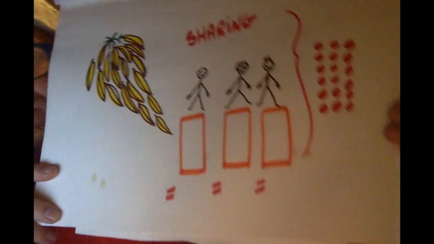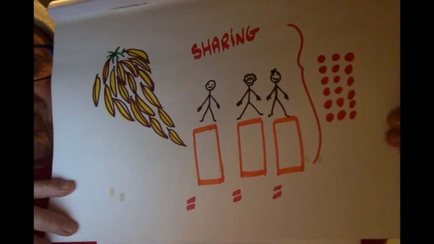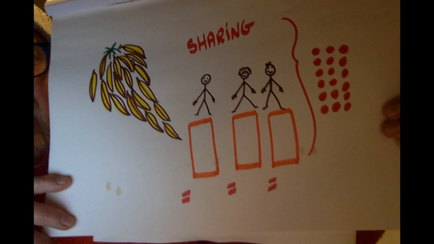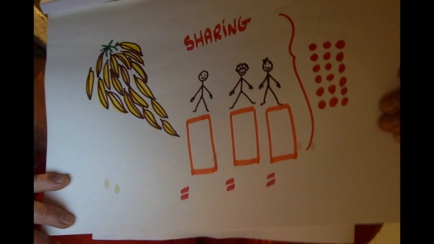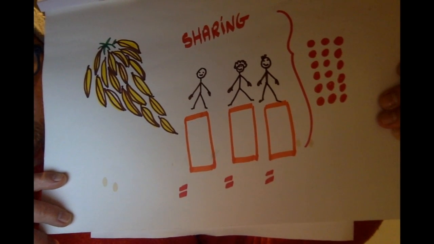So here we go. So we have 18 bananas divided by 3 people.